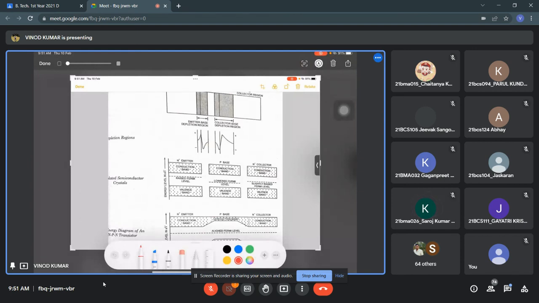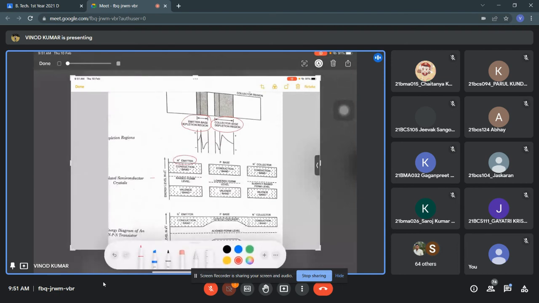Yes, sir. So this region is smaller and this region is a little bit larger. है ना?